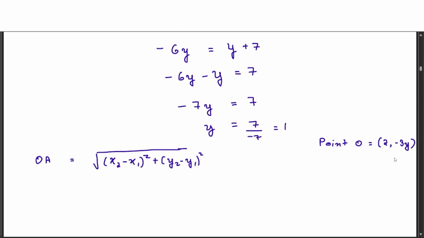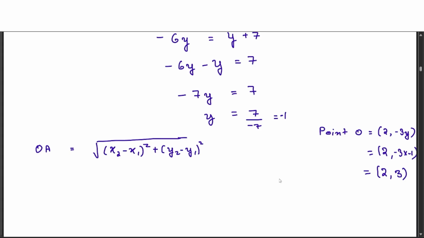So we have got the y value, so we can say 2 comma -3 times -1, so we got 2 comma 3. And in the same way now we substitute the values. The coordinates we have already got, so we can say x1 minus 1 minus 2 whole square plus y2, that is minus 1 and minus 3 whole square.